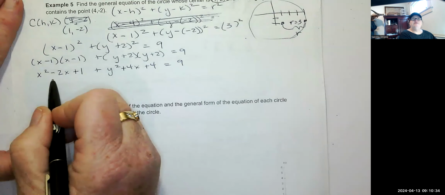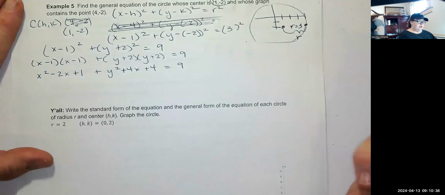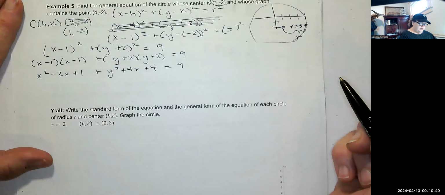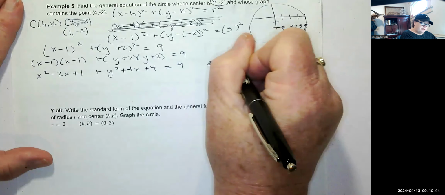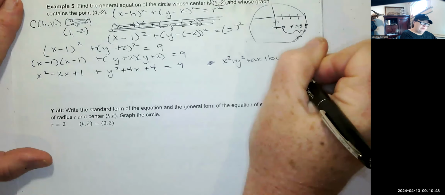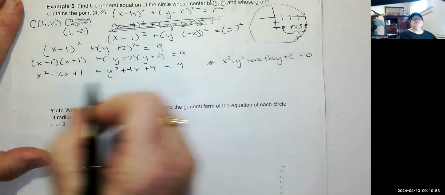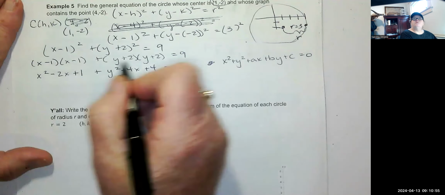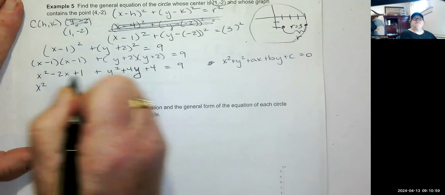Okay. And then we're going to have to put it in the general form for the circle, which is x squared plus y squared plus ax plus by plus c is equal to 0. That's the format we want to have it in. X squared, that's gone.